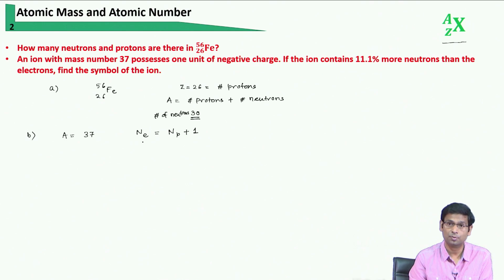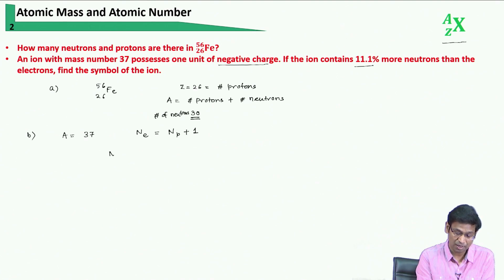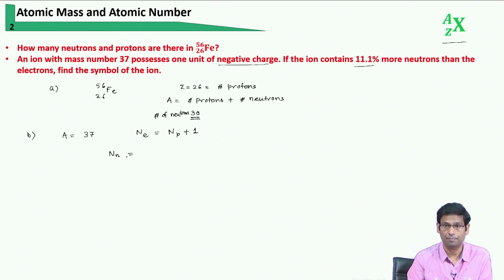If you have a cation, or positive charge, that means the number of protons is greater than the number of electrons. So Ne equals Np plus 1. It also tells that the ion contains 11.1% more neutrons than electrons. So the number of neutrons is 11.1% more than the number of electrons.